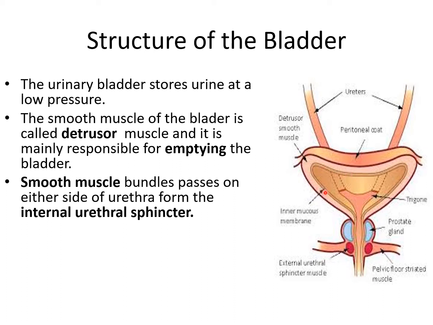A smooth muscle bundle passes on either side of the urethra, mainly the longitudinal muscle layer, and forms a sphincter called the internal urethral sphincter.